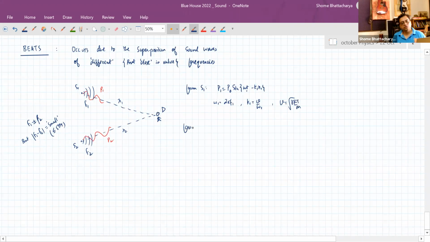And from source S2, the pressure heard is like this. So the superposition results in the net pressure variation of P1 plus P2.